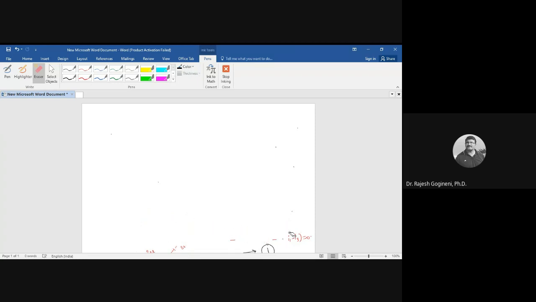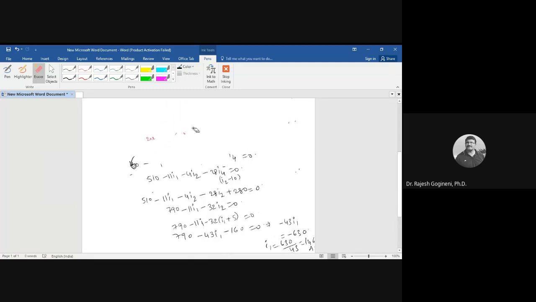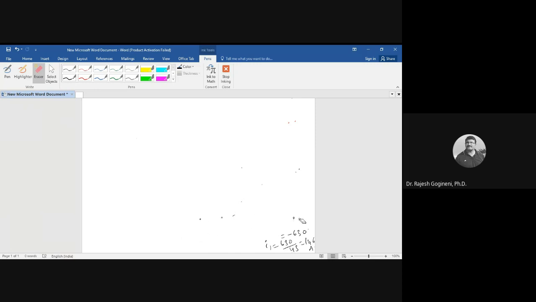This is very easy to understand, and this is another way to analyze the network. Without concerning the elements, whether it consists of dependent sources or independent sources, active or passive elements, whatever it may be, we can write the KVL and KCL equations simply by converting the network into a graph. That is the advantage of this graph theory.